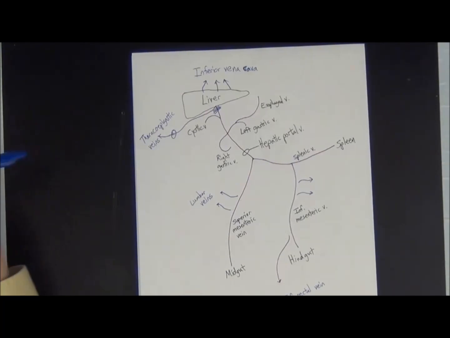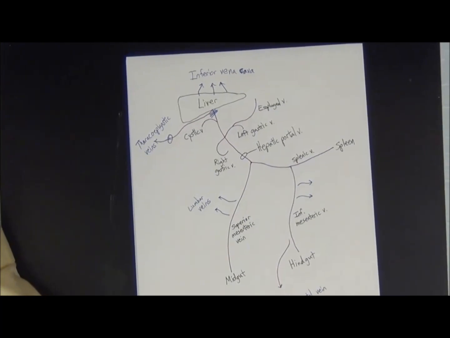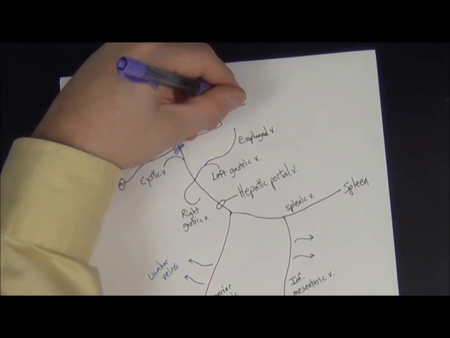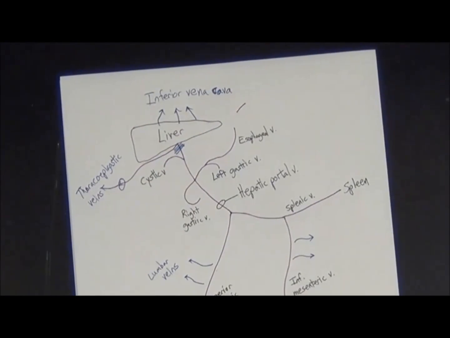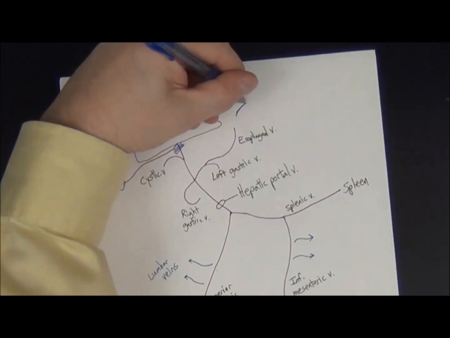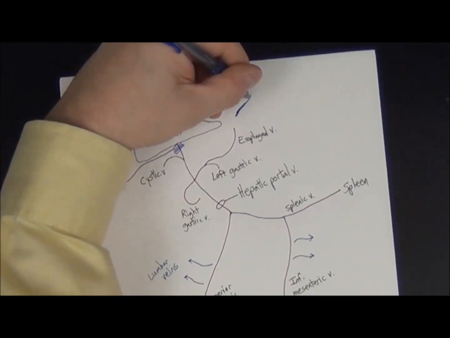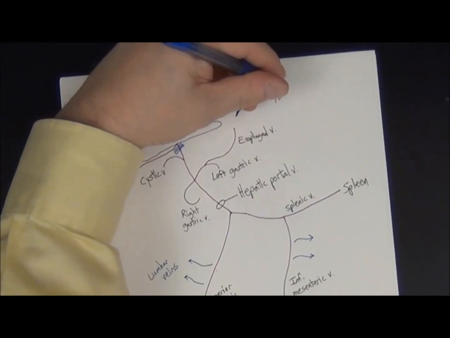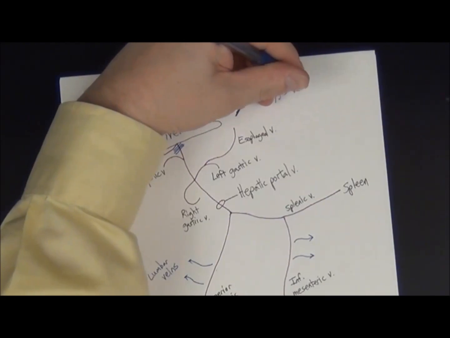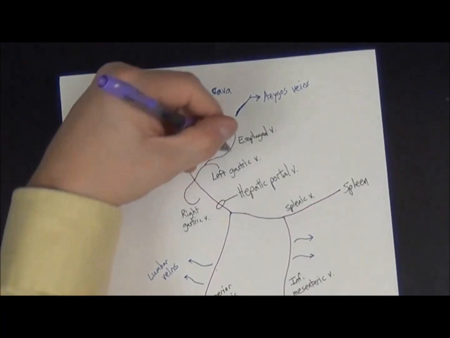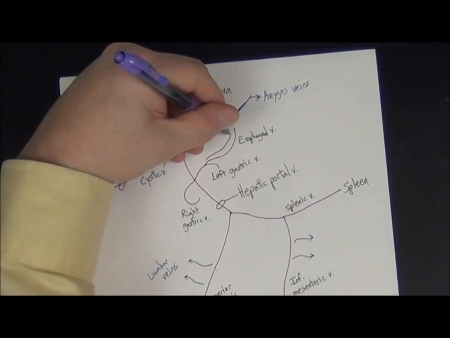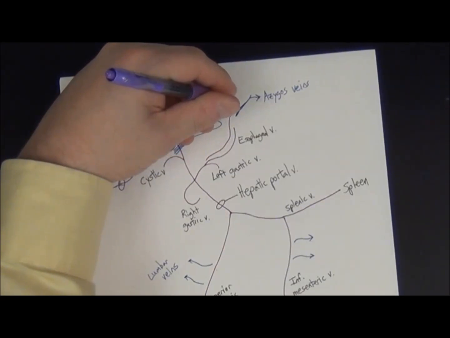One of the most potentially damaging and lethal manifestations of portal hypertension, though, is enlargement of these esophageal veins as they drain to other esophageal veins that go into the azygous veins. And the reason these are clinically relevant is if you get significant blood flow through these esophageal veins, they're normally fairly small.